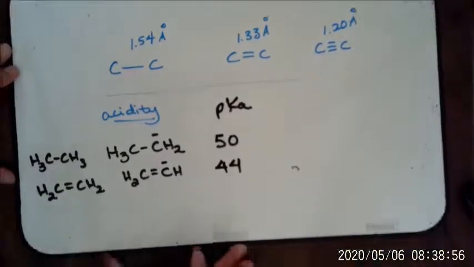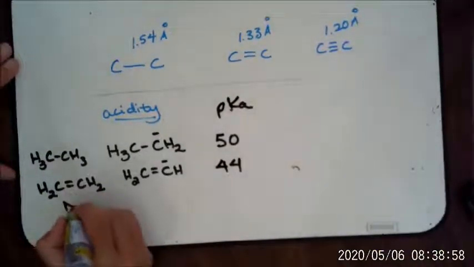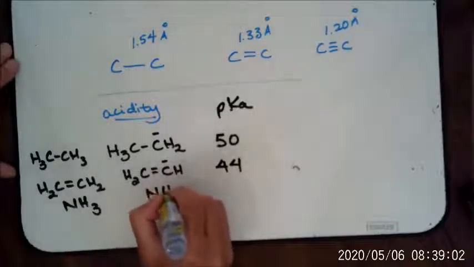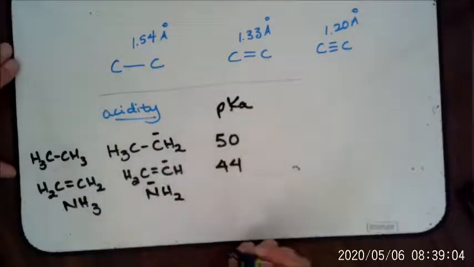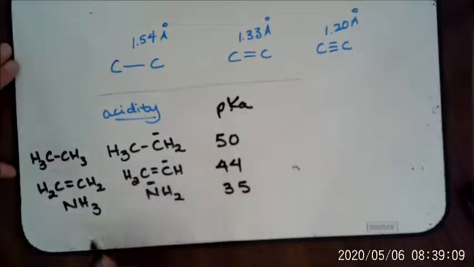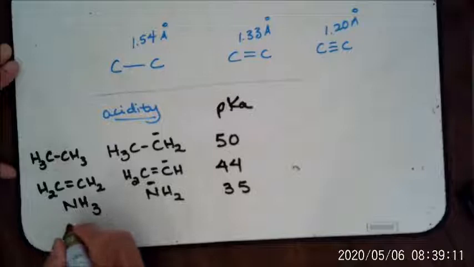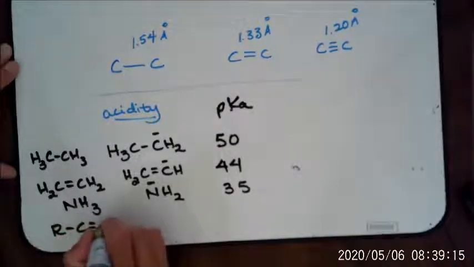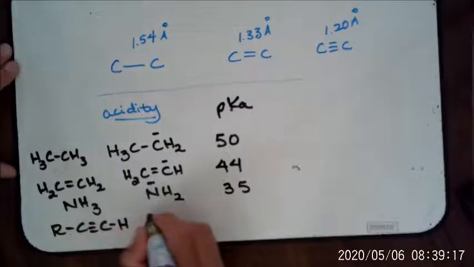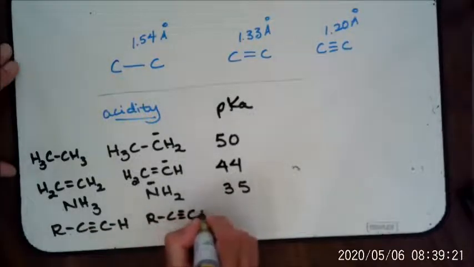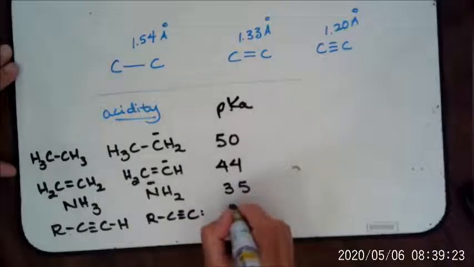If I look at ammonia, this is about 35, with a negative charge. And if I look at the terminal alkyne, this is about 25.